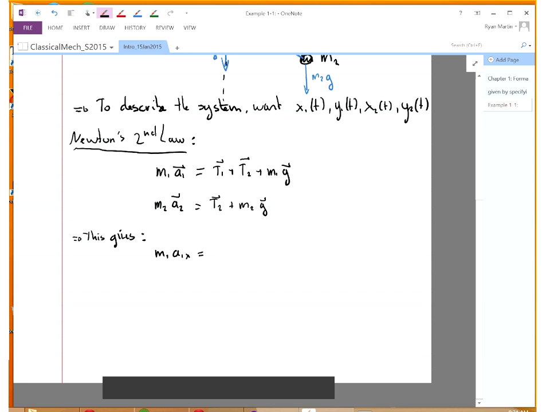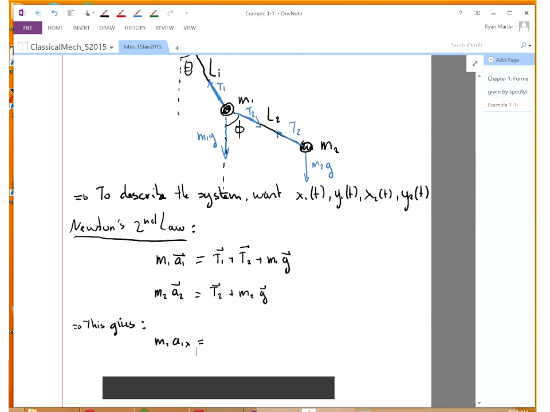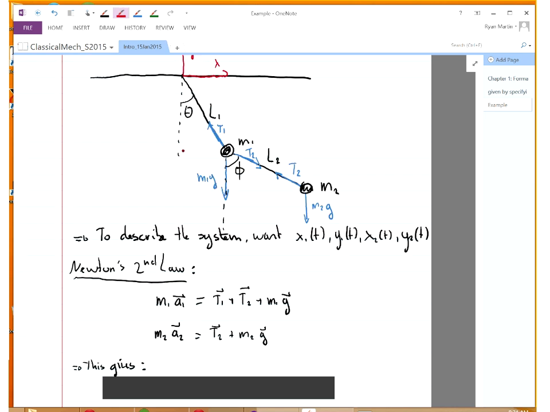If I look at T2, I've introduced these angles theta and phi to help out with writing the equation. The theta and phi depend on x1 and y1 and x2 and y2, because this is x1 here, and this is y1 here.